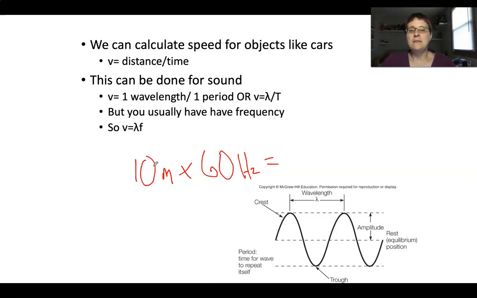But if this is the data that we gather, 60 hertz times 10 meters, then that would mean that it's moving at 600 meters per second. Okay? And we can also do this not just for sound, but for light, because light is the same sort of wave. We can measure the wavelength, we can measure the frequency, and we can calculate the speed for it as well.